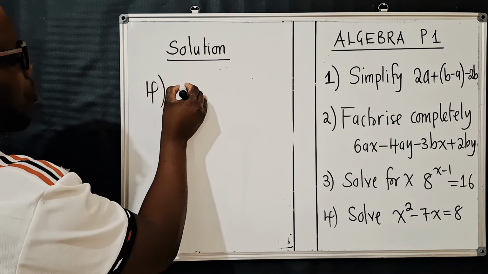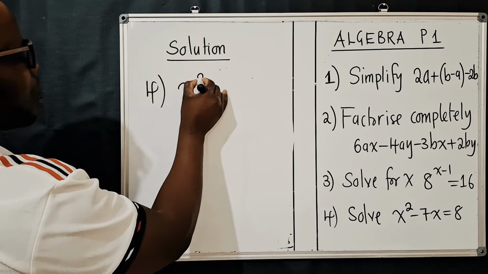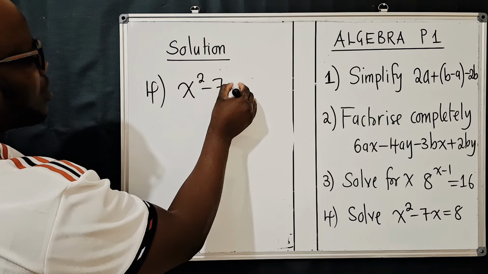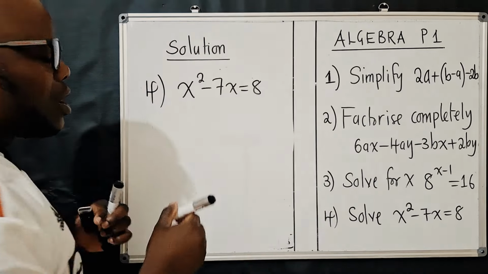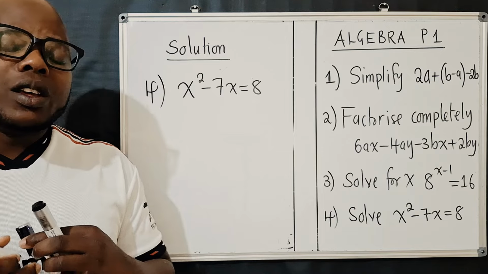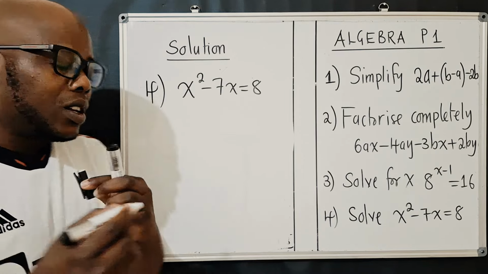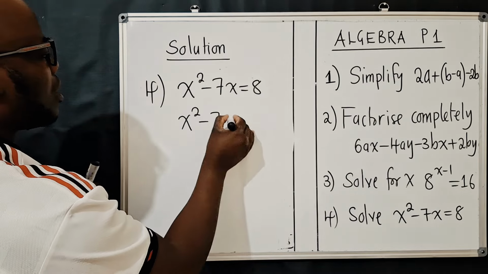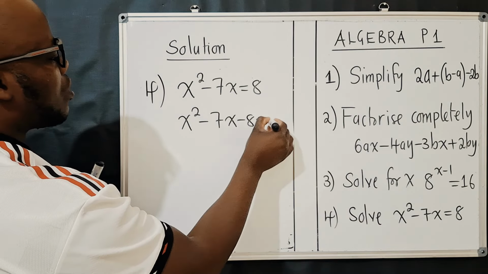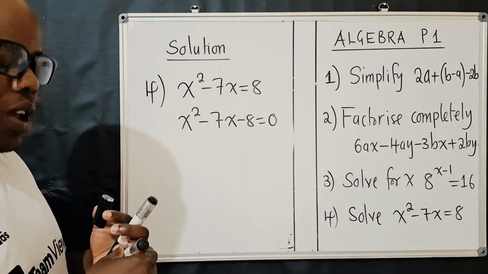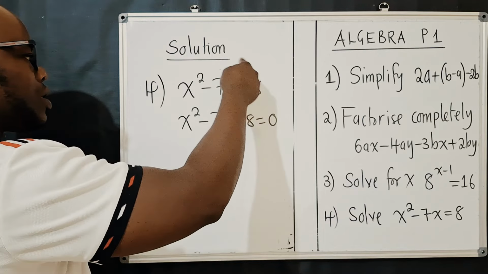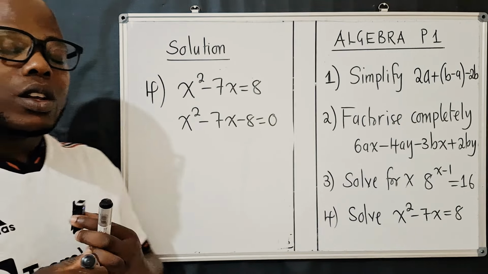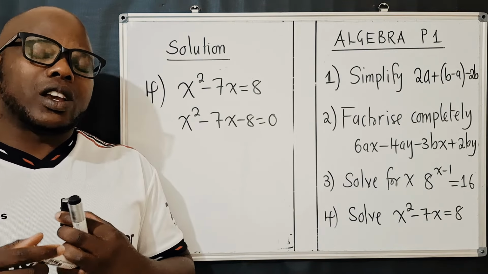Okay, so for number 4, we've been given x power 2 minus 7x is equal to 8. Without wasting our time, this is a quadratic equation. So we're going to say x power 2 minus 7x minus 8 is equal to 0. So this 8 will come this side. It's now negative 8.